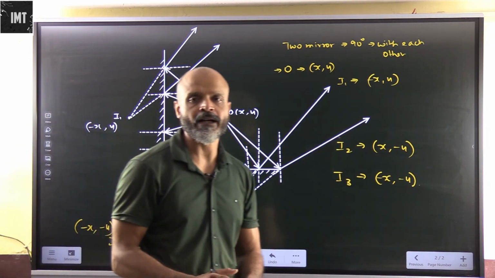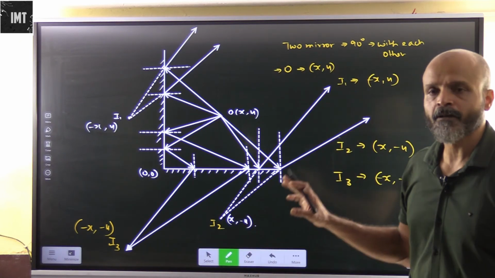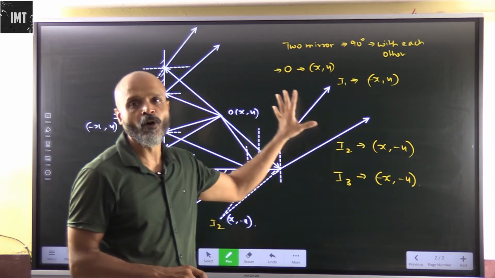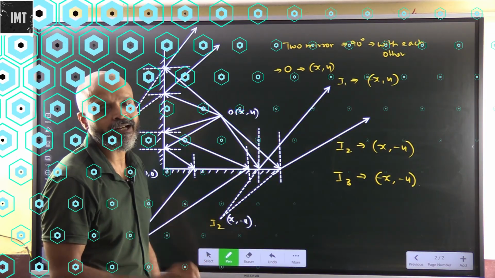See, there is a formula and we will talk about the formula as well, but before that, we need to have a clear idea as to how images will be formed in two mirrors which are inclined.